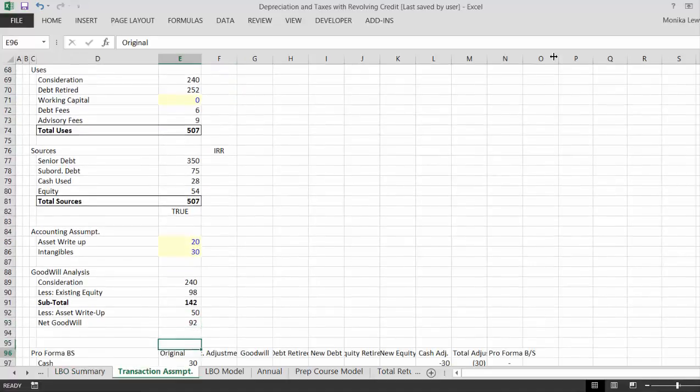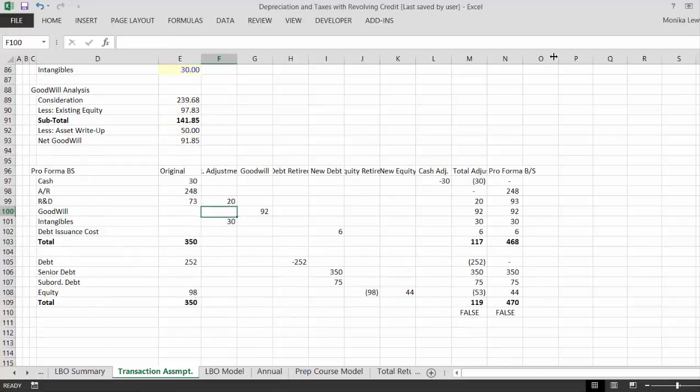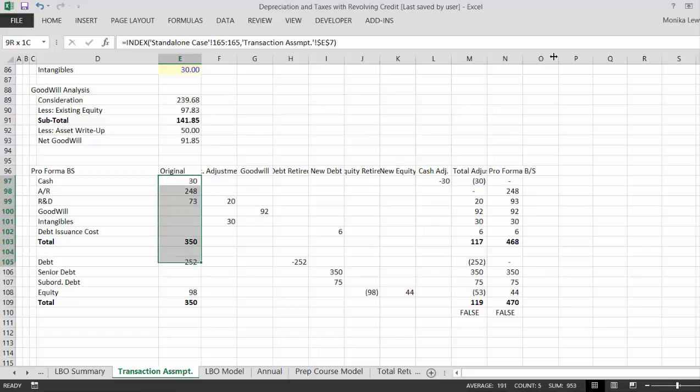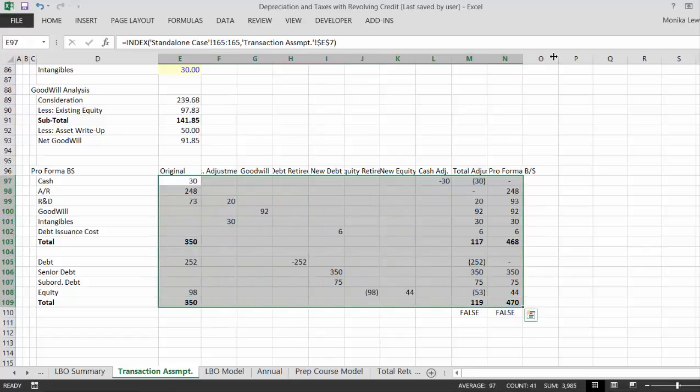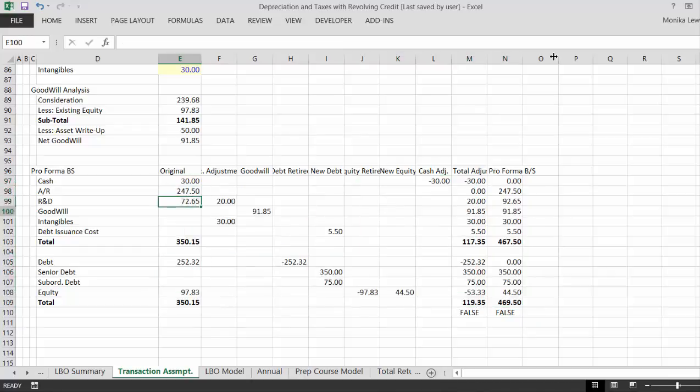And here's just to review what we did. We put a couple of accounting adjustments in, and then we made our nice little pro forma balance sheet. And on our pro forma balance sheet, okay, just a sec.